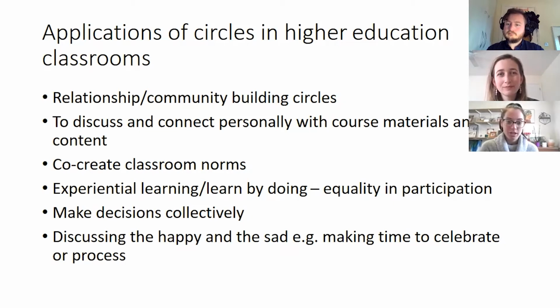Another component that came up was co-creating classroom norms. Whether this comes in at the beginning when the group is first getting to know each other, or throughout, it's a good check-in if some kind of harm occurs. That would be another good time to reintroduce co-creating classroom norms and have students give input about what they can expect in those relationships with each other, what agreements are a part of that, and the values reflecting that.